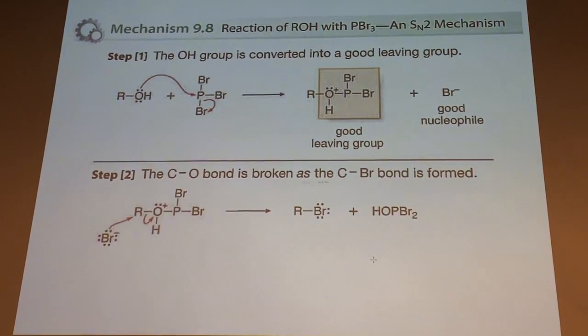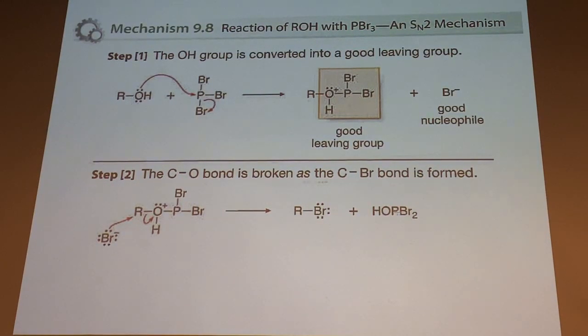Okay, and then the bromide, phosphorus tribromide, PBr3 is similar here. We attack the phosphorus, form a good leaving group, and then attack here. So primary and secondary go through that way and cleanly give the bromide, okay? And a phosphorus oxygen bond.